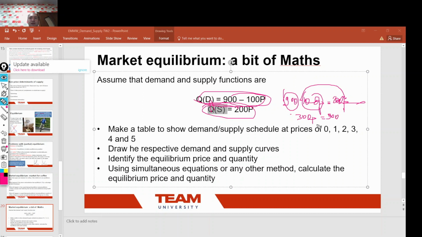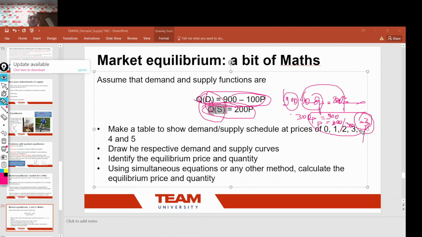So your p at the equilibrium point will be 900 divided by 300, which is 3, right? 900 divided by 300 is 3. That will be your equilibrium price. That ensures that the quantity demanded and supplied are equal to each other, and therefore this is your equilibrium quantity supplied at that equilibrium price.